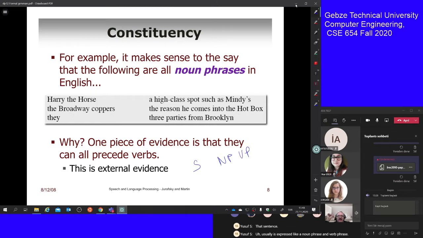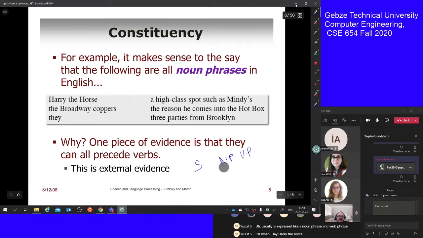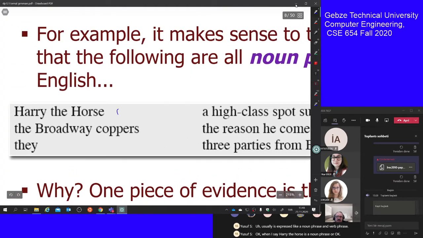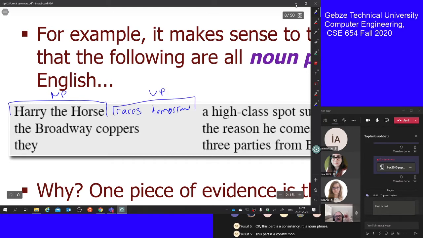Okay, when I say Harry the horse, that is a noun phrase. Okay, Harry the horse races tomorrow. Okay, this part is a constituency, it is a noun phrase. This part is a constituency, it's a verb phrase.